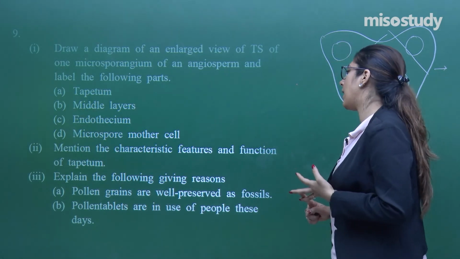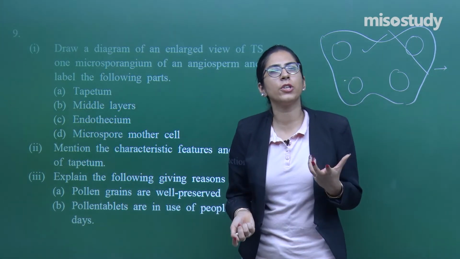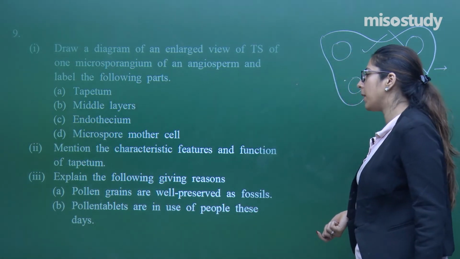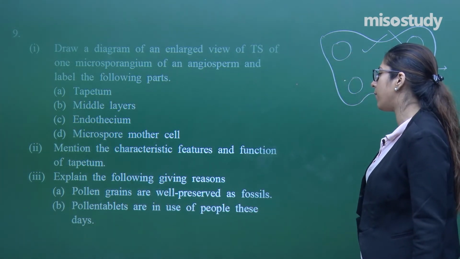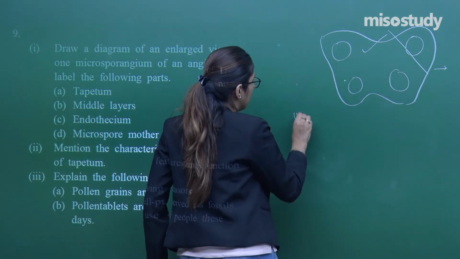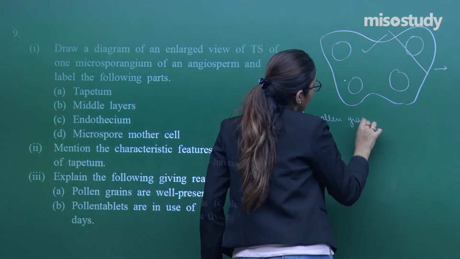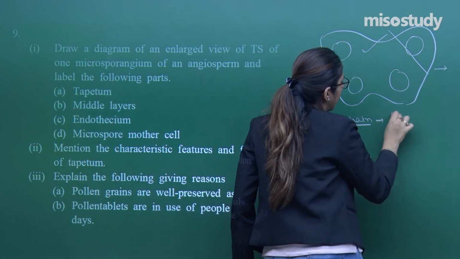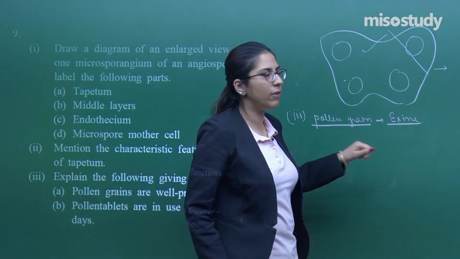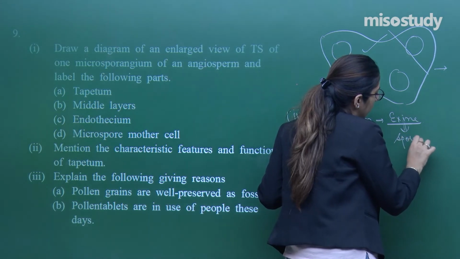Now, mention the characteristic feature and the function of the tapetum. You all know the function of the tapetum, that it provides nutrition, right? The main function is that it provides nourishment. So third is: explain the following, giving reason: pollen grains are well preserved as fossils. Now, third part, as you all know, the outermost covering of the pollen grain is the exine, right? It is a protective layer, and this exine is made up of sporopollenin.